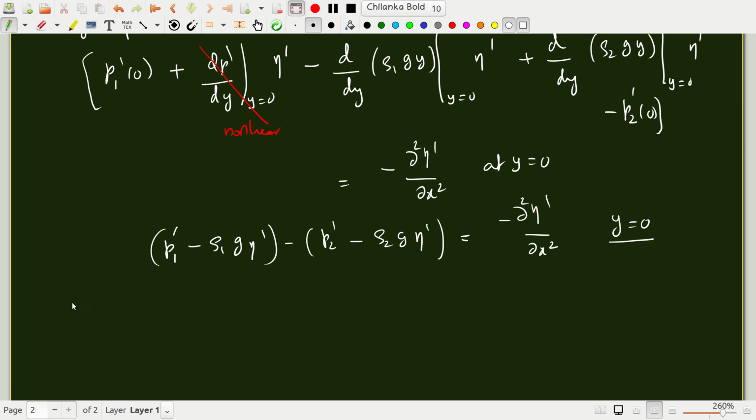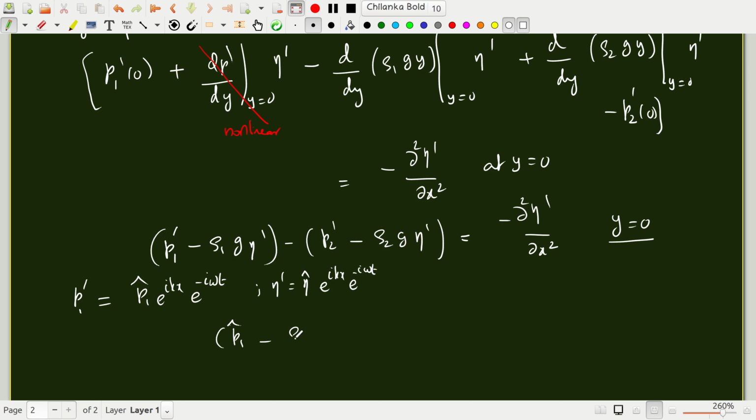Now I'm going to substitute the normal mode expansion. P1 prime is P1 cap e to the i k x e to the minus i omega t and so on, and similarly eta prime is eta cap e to the i k x e to the minus i omega t and so on.